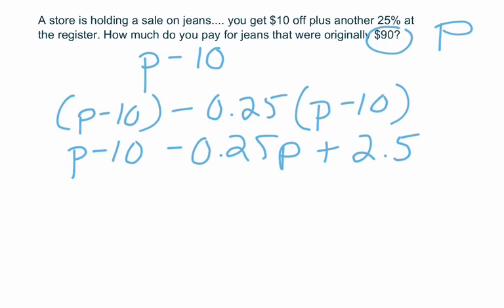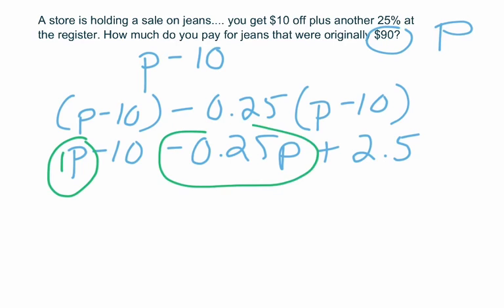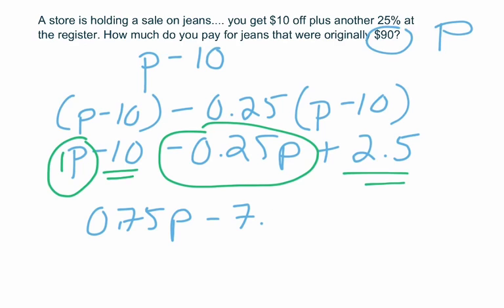Now we've got some like terms. So I have 1P minus 0.25P, which would give me 0.75P. And then I've got negative 10 plus 2.5, which is negative 7.5.